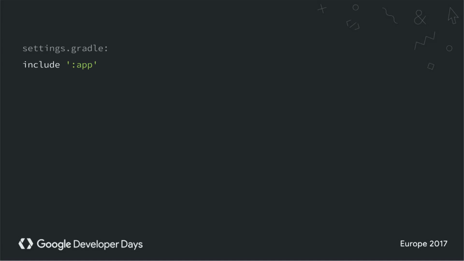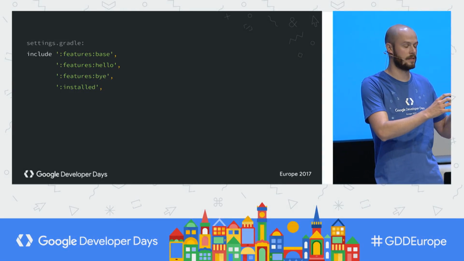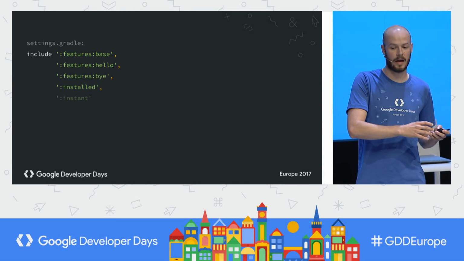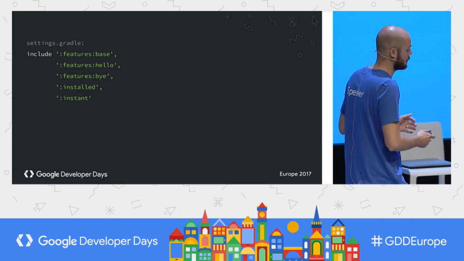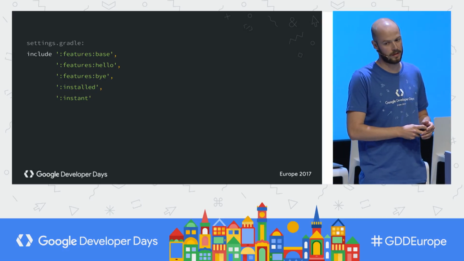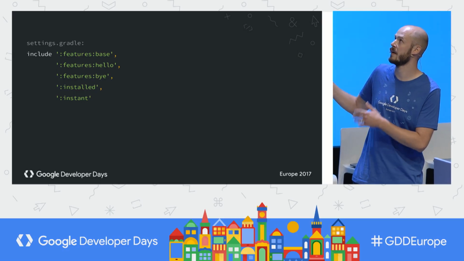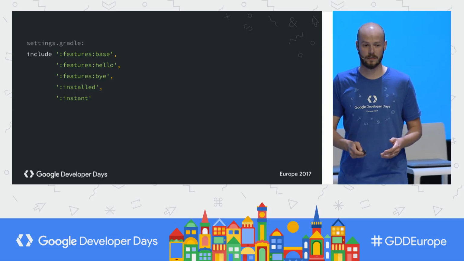In the settings.gradle file, all you have to do is delete the currently existing app module, and then replace that with the base module that you have refactored, as well as the feature modules, and have one new module that's the installed app, which basically correlates to your existing app module that you had before, and add a new module for the instant app. The only two relevant modules for the device output are the installed and the instant app modules. But let's take a look through step by step.